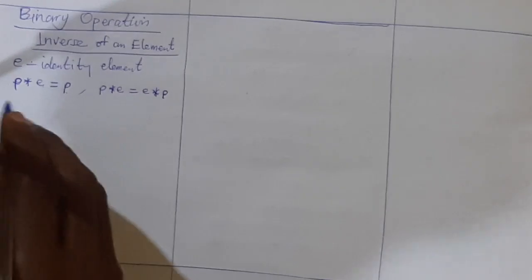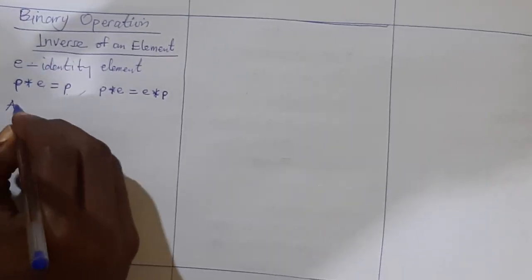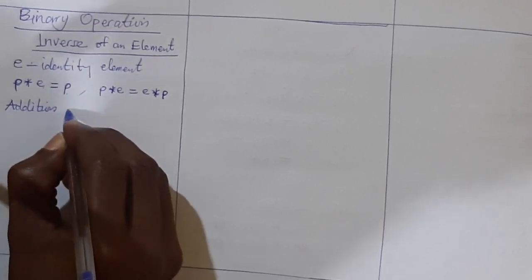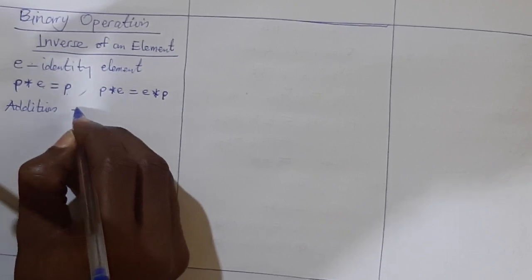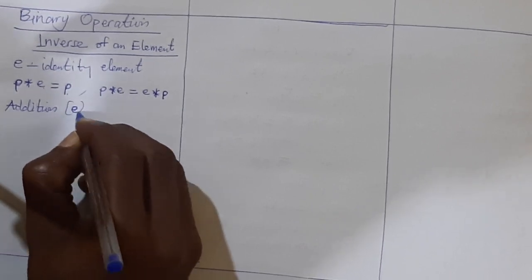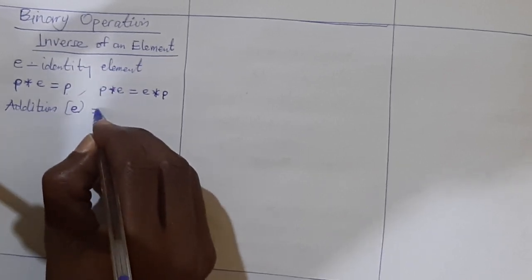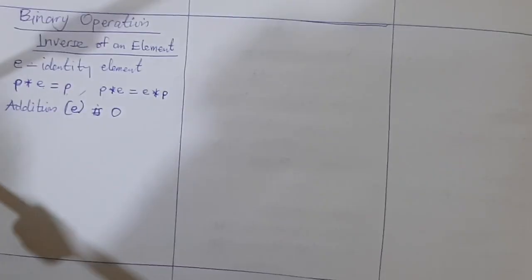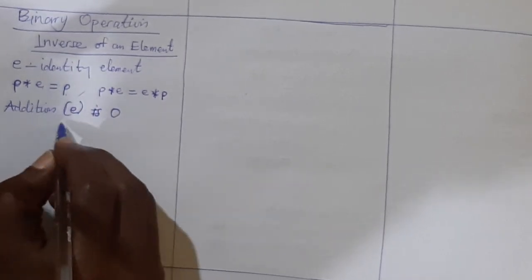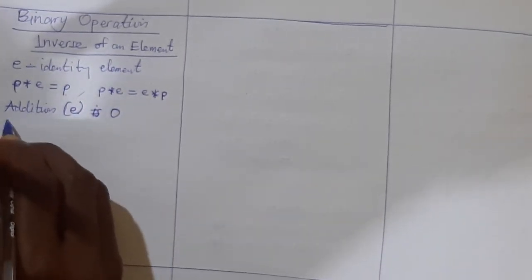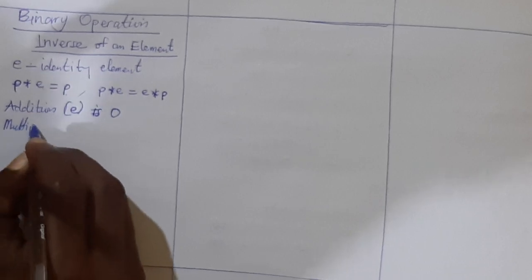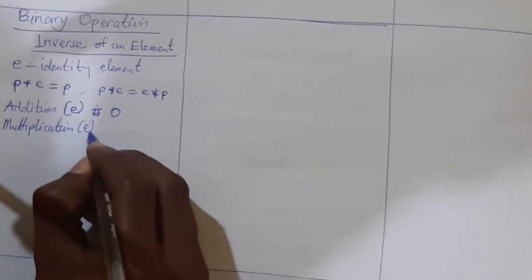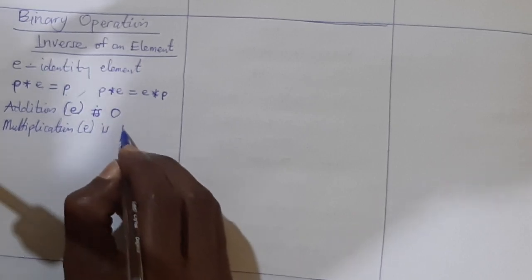Let's also recall that for addition, the identity element E is 0. The identity element for addition is 0. The identity element for multiplication is 1.